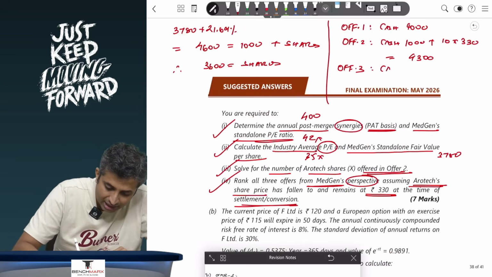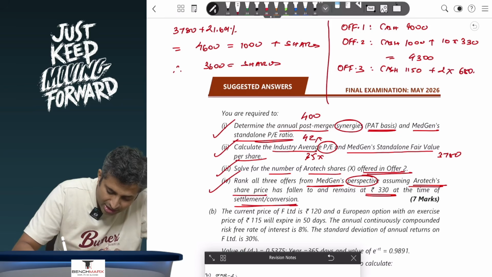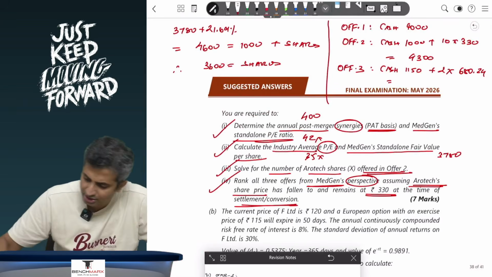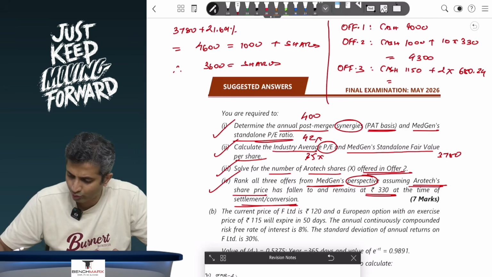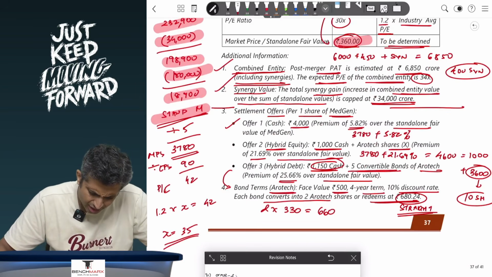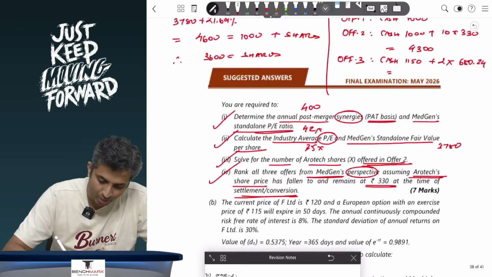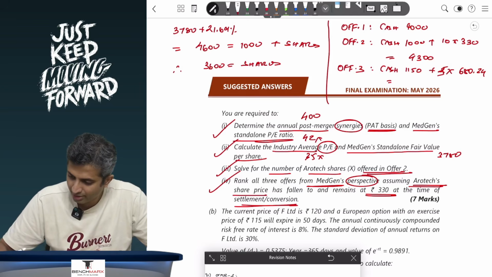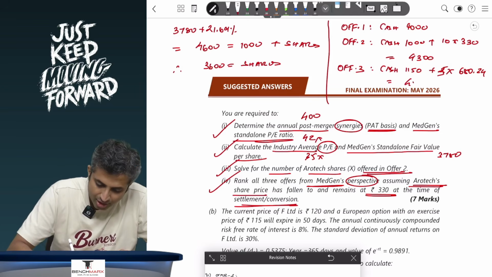So in offer 3, there is a cash of 1150, plus there are convertible bonds which are worth 680.24 each, and hence if I take this working, this is 5 into 680.24 plus 1150. Sorry, it is 5 convertible bonds, not 2. So this is 5 into 680.24 plus 1150, and this is 4551.2, and this is the highest.